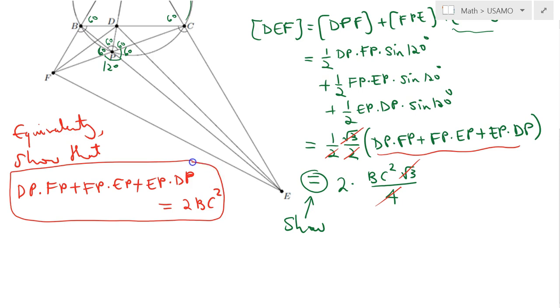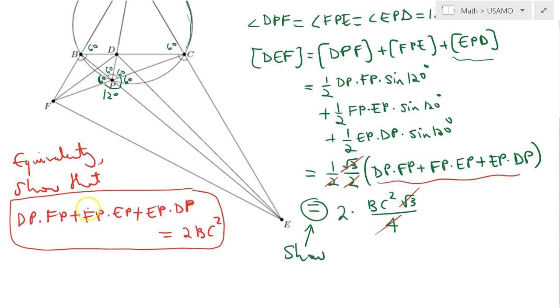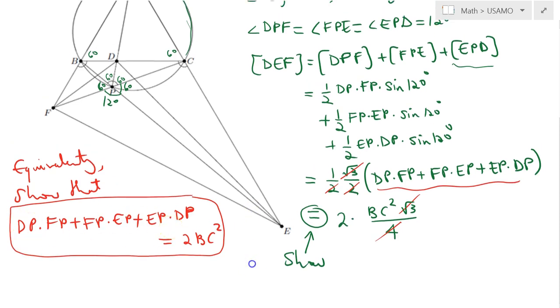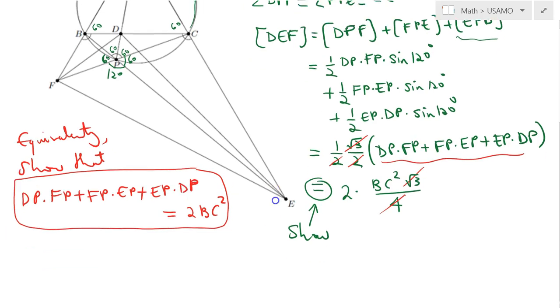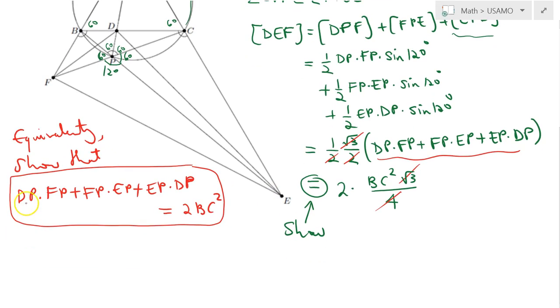That's an equivalent representation. So all we need to do now is to show this result, and for that I will make use of the following. There are 4 lengths here, namely DP, FP, EP, and finally BC.